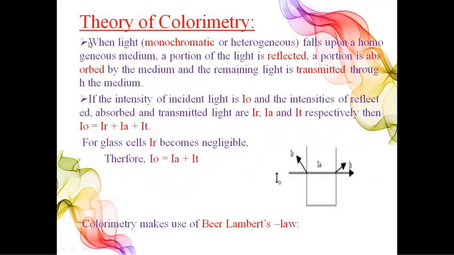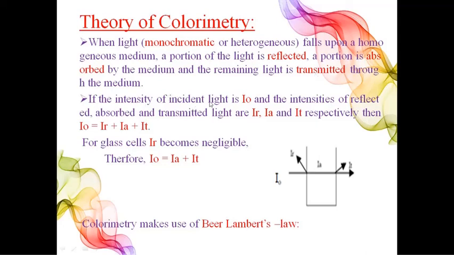Let us look at the theory of colorimetry. When monochromatic light falls upon a homogeneous medium, a portion of the light gets reflected, a portion gets absorbed by the medium, and the rest gets transmitted through the medium.